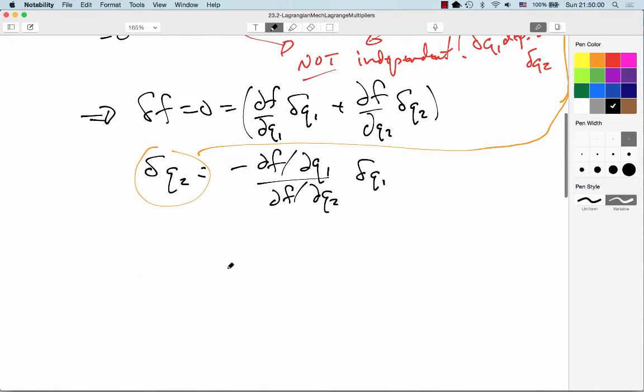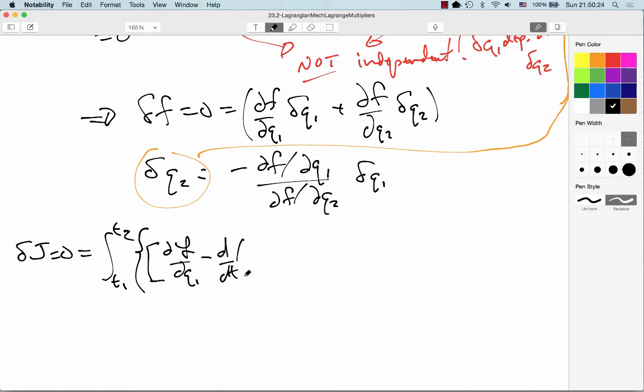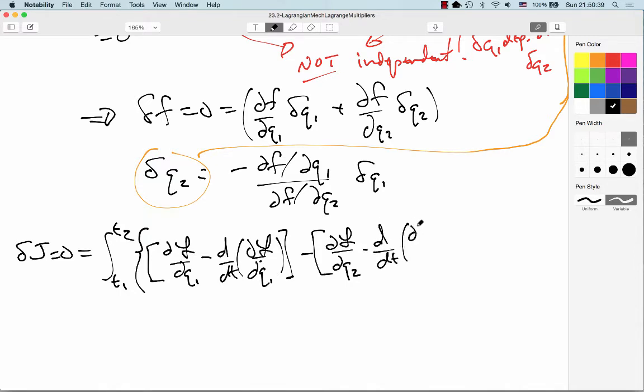All right, so we'll do that. Now my variation in the action, which I demand is 0, will equal the integral from t1 to t2. We'll have partial L partial q1 minus d/dt of partial L partial q1 dot, that's the first term. Then the second term, partial L partial q2 minus d/dt of partial L partial q2 dot.